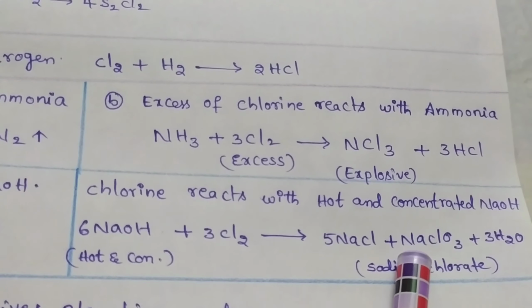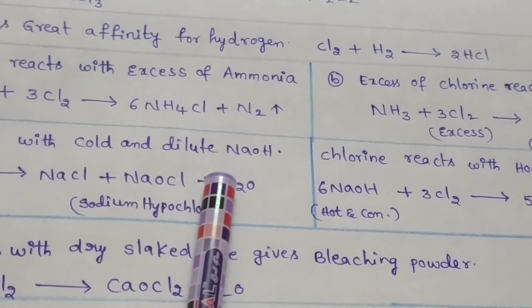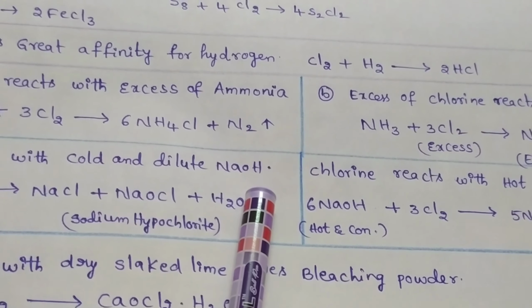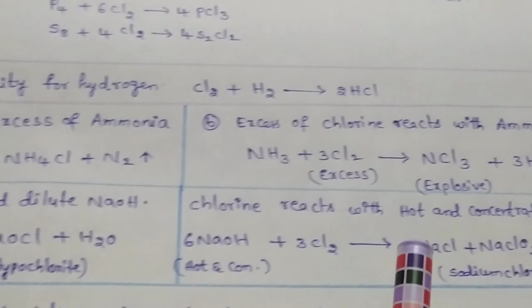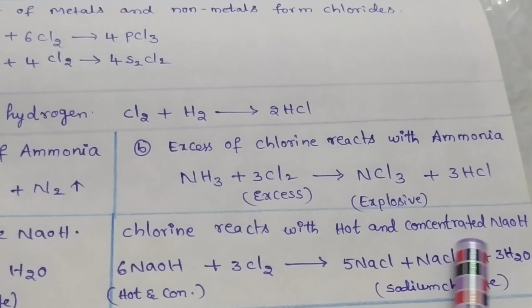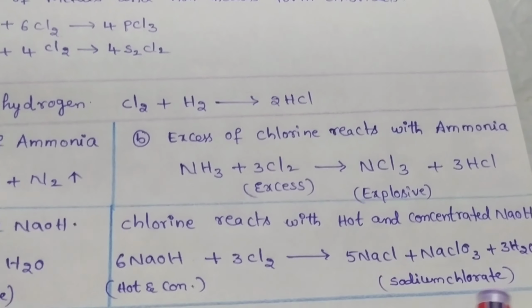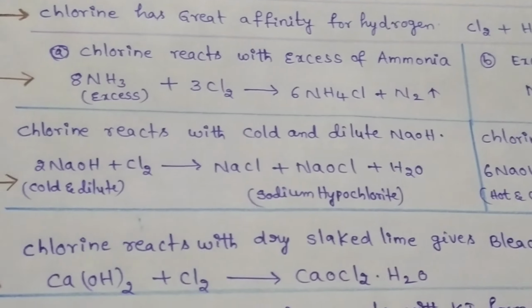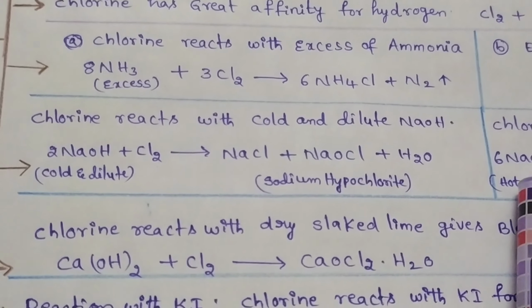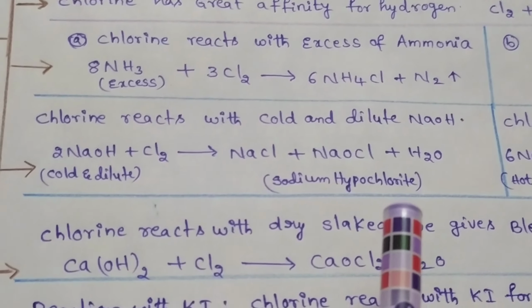The difference: dilute sodium hydroxide reacting with chlorine forms sodium hypochlorite, and concentrated sodium hydroxide forms sodium chlorate. This is the difference between dilute and concentrated sodium hydroxide reactions with chlorine.